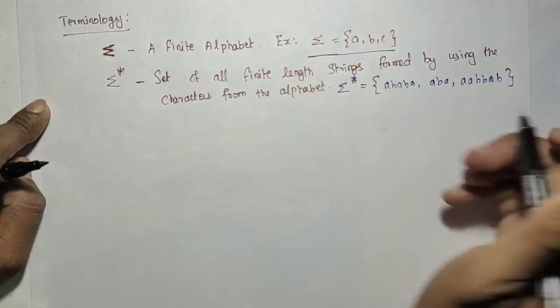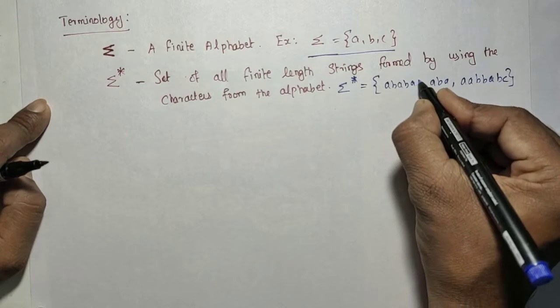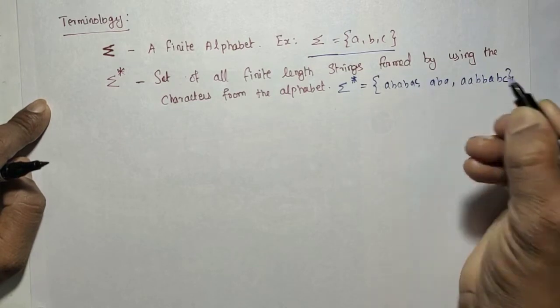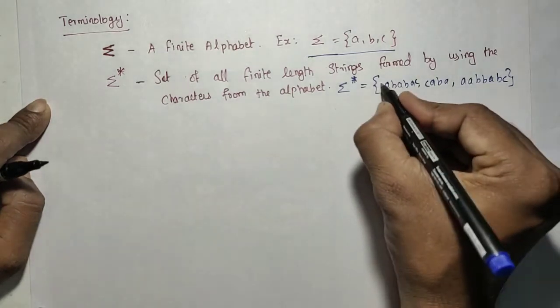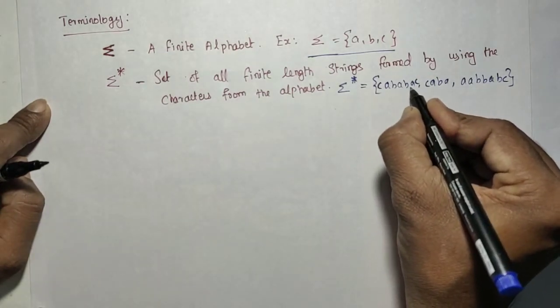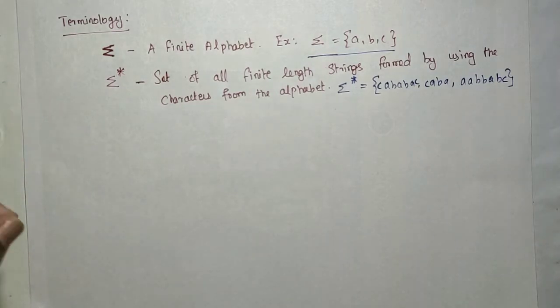By using a b c, what are the strings we can form? The c also can be included. And c a b c, like that. C a b a b a c, c a b a, and so on.